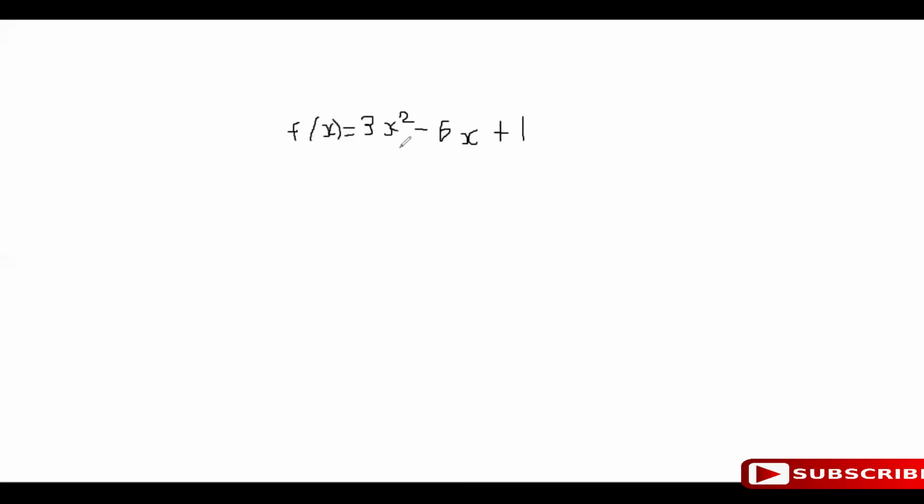So now this question, f of x is, sorry for the poor handwriting, 3x squared minus 6x plus 1. Now this function right here, we can actually put it in the completed square form.